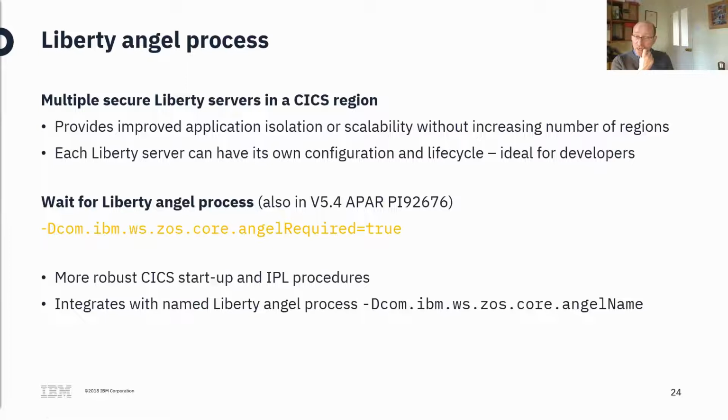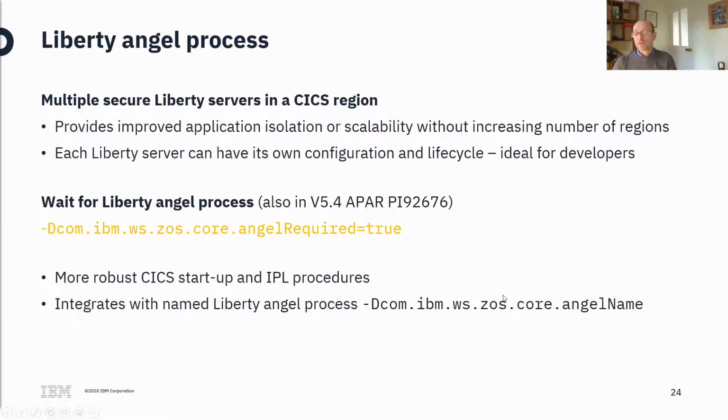If it's not ready, it'll wait and retry, and then it will issue a console command requesting go or cancel. So this enables integration with automation, and will obviously alert the operator if the Angel is not ready. And this gives more robust startup and IPL procedures, because if the Angel's not available, then things will fail at runtime.